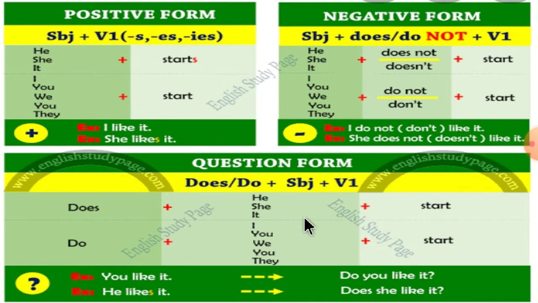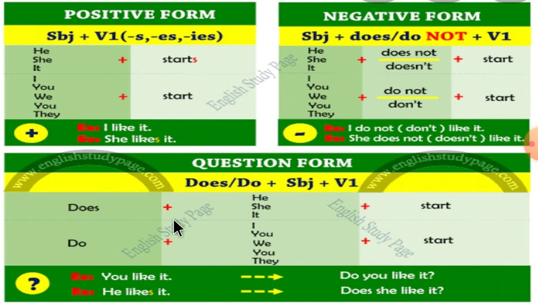In questions, nothing big is there. What you have to do is just change: does or do will come first and the subject will go in the middle. Only this thing you have to change.